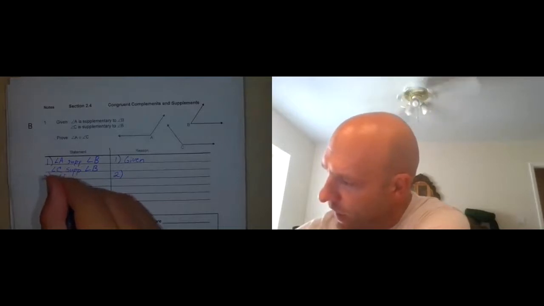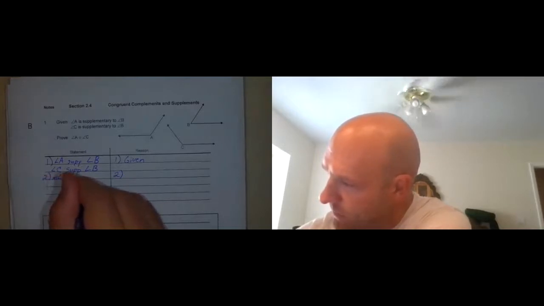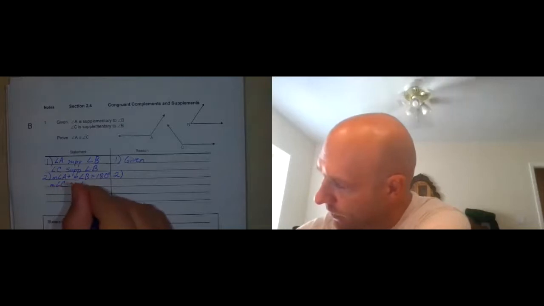In step 2, I'm going to say that the measure of angle A plus the measure of angle B equals 180 degrees. And for the same exact reason, I can say that the measure of angle C plus the measure of angle B equals 180 degrees.